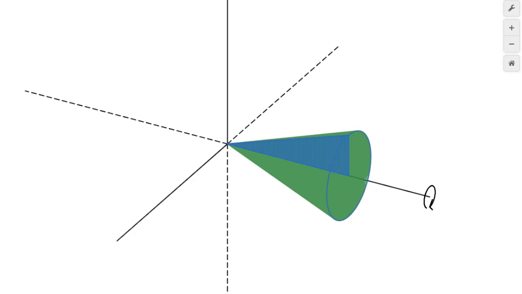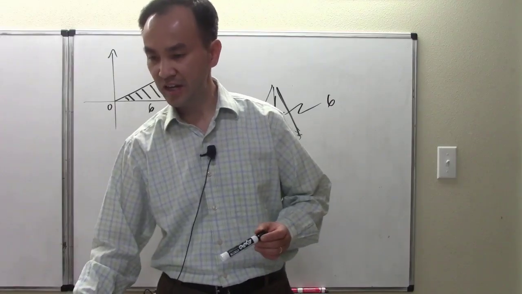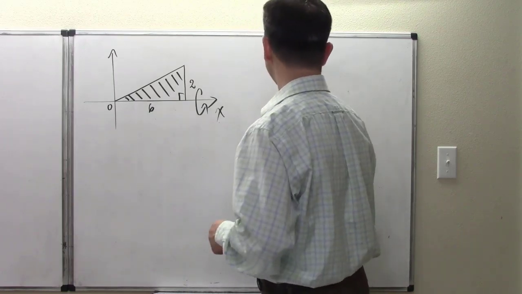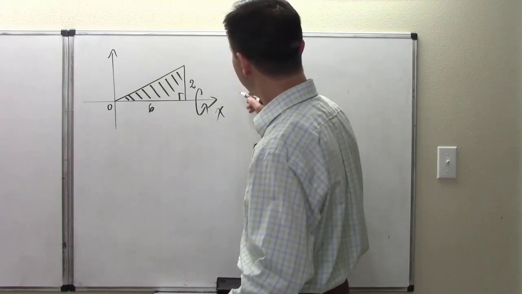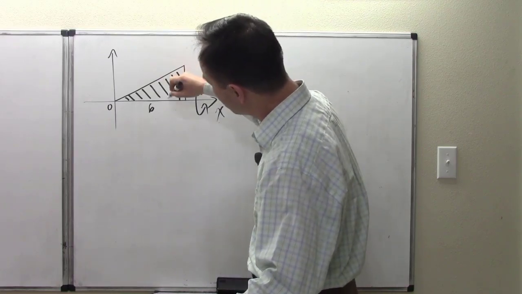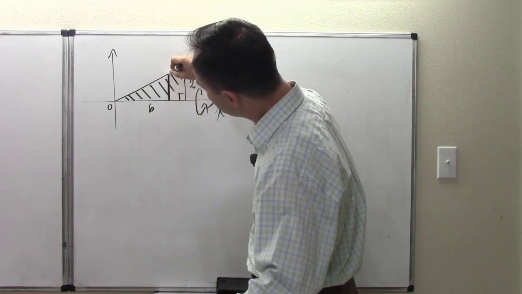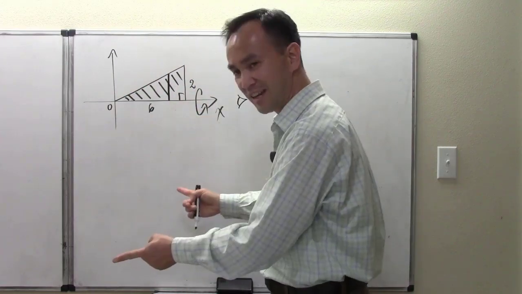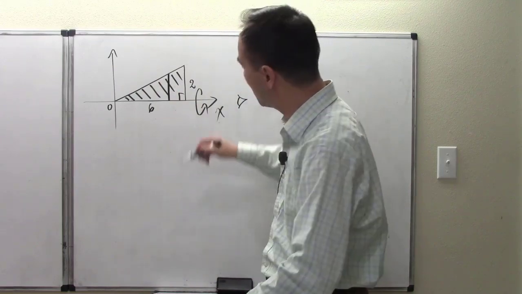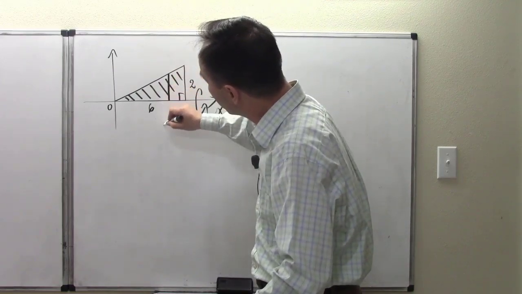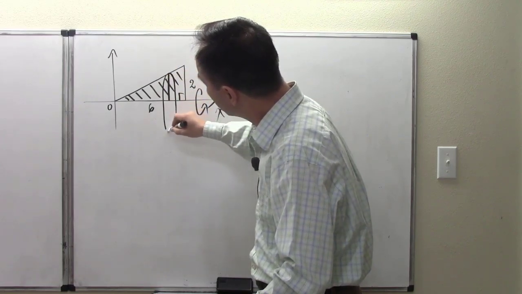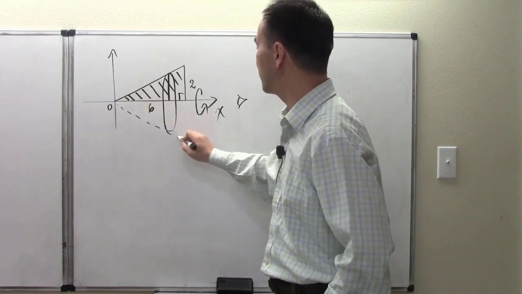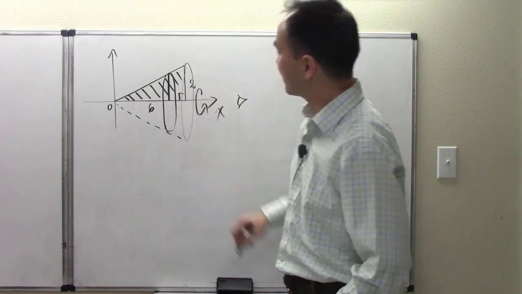On this hand sketch, I am placing my eyes here, looking straight at it. Each stripe is supposed to be perpendicular with the rotation axis. That's the way we go with disk methods. And as you have seen in the demonstration with Desmos, each stripe, once rotated, gives me a disk, and that's how we end up with that cone.